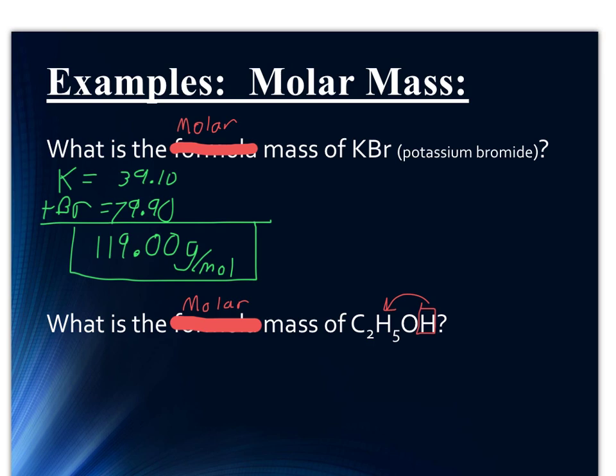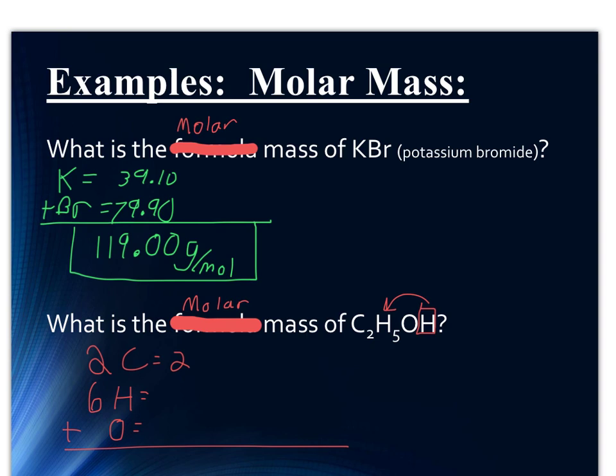C2H5OH has two C's, 6 total H's, because don't forget that one from the other side of the O, and 1 oxygen. So I take 2 times the mass of carbon.